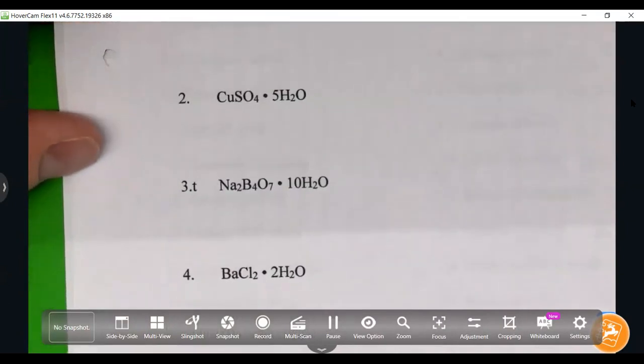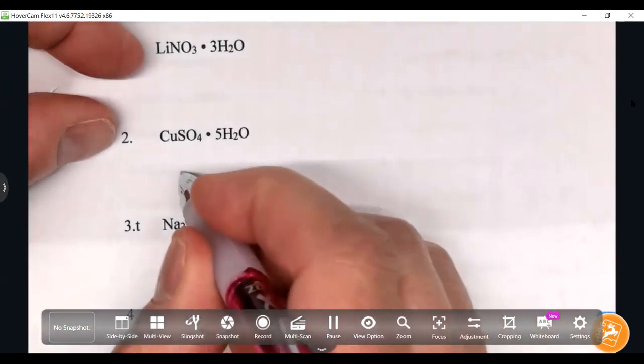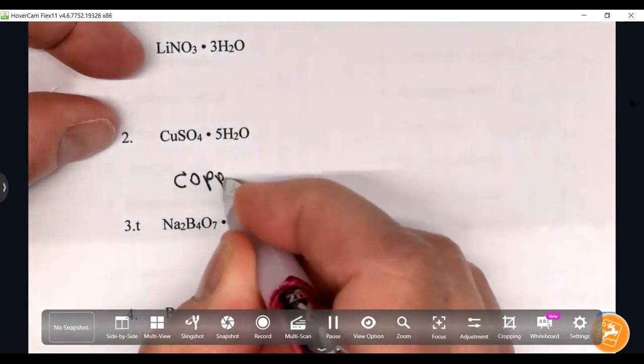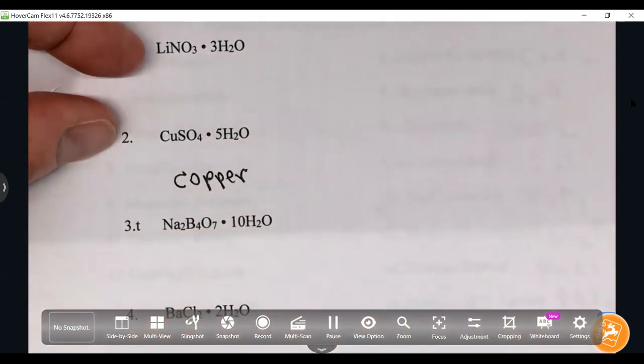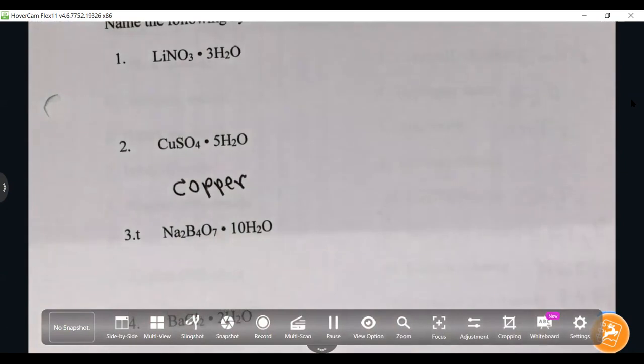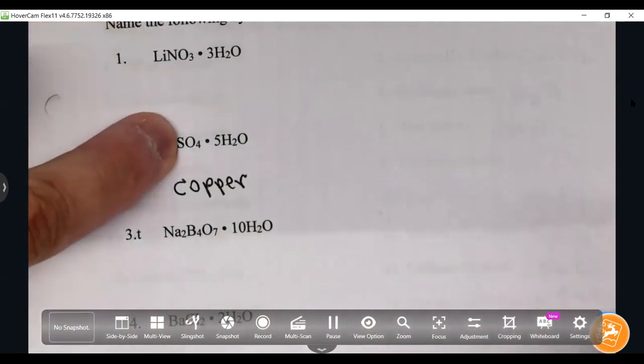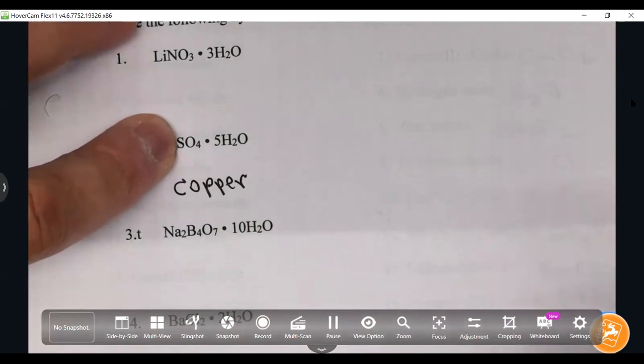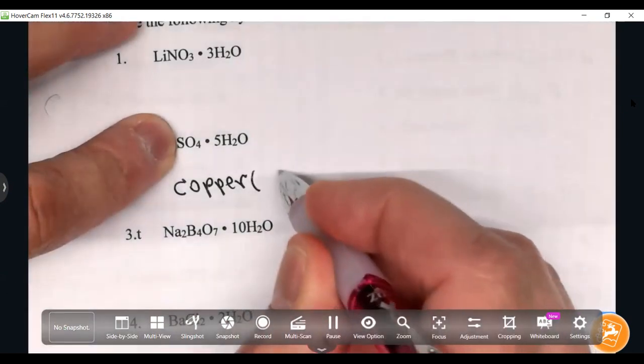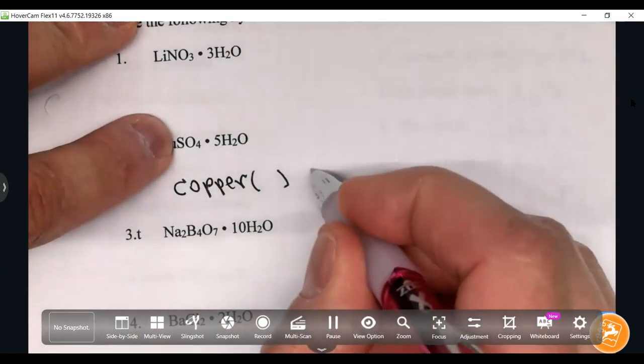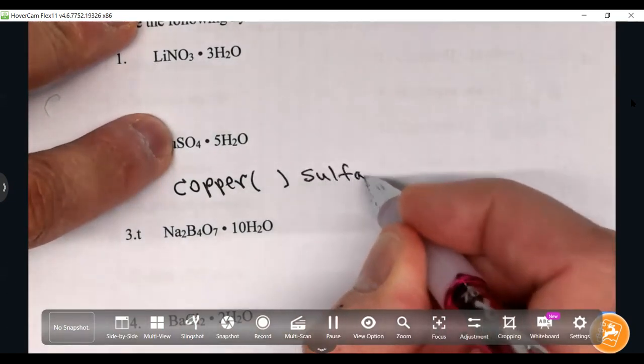So down here, this is a very common one. CuSO4, Cu is copper. And SO4 is sulfate, right? And we need Roman numerals, SO4 being sulfate.